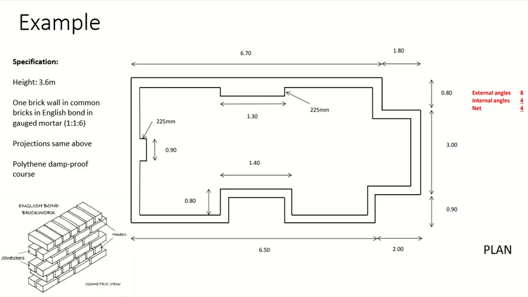So we have this case now. The height is 3.6 meters and we are using this type of bond which is called the English bond. So we are using bricks here. Okay, so first of all, where do I have the projections? Anybody? Where do I have the projection? Bottom?